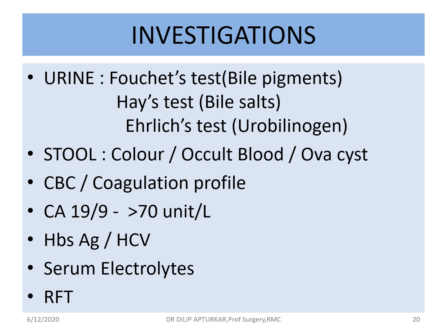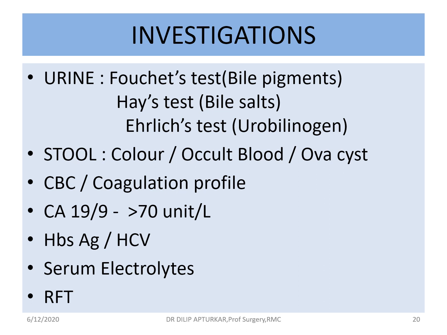Then Ehrlich's test will show that urobilinogen is absent in urine. Stool color will be pale, clay colored stool. Occult blood can be present if there is bleeding, melena. Ova and cysts will show whether there is a parasitic infestation.